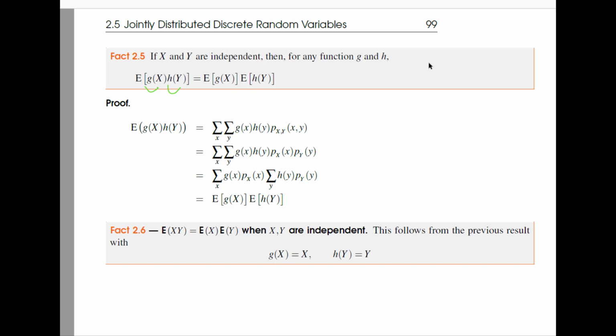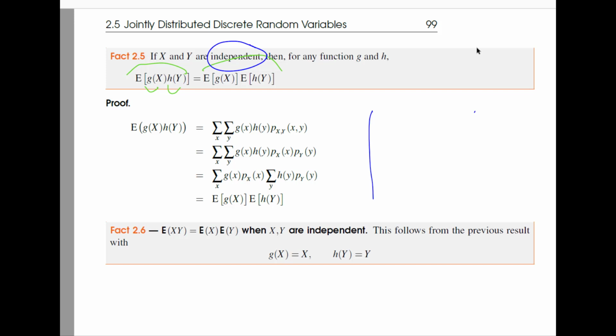It's like the linearity property where the expected value comes inside summations. Here, when x and y are independent, the expected value also comes inside products. Here you have the expected value of a product, and here you have the product of the expected values. But that only happens if they're independent. That's a very key concept here.